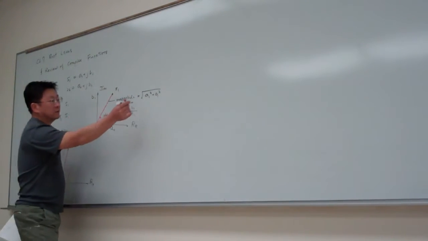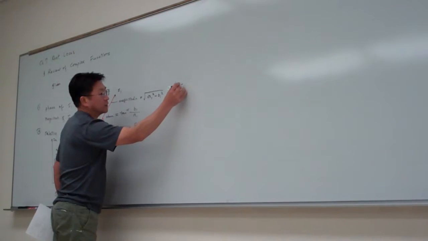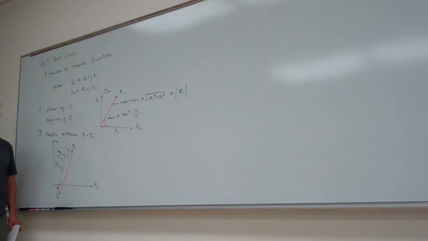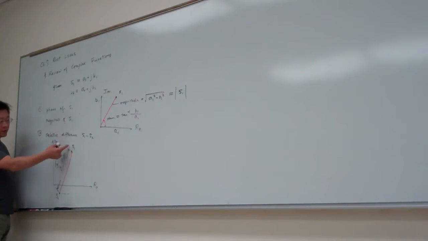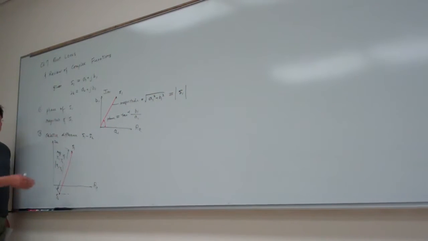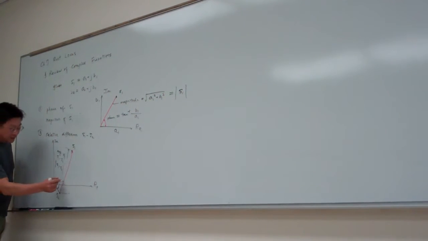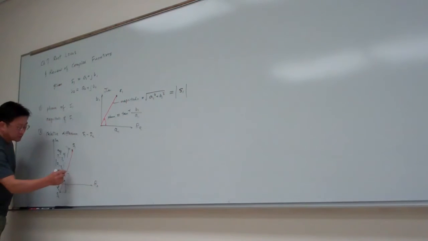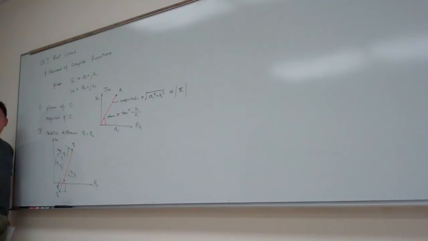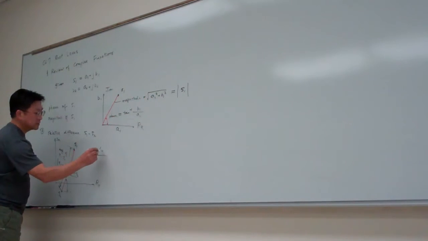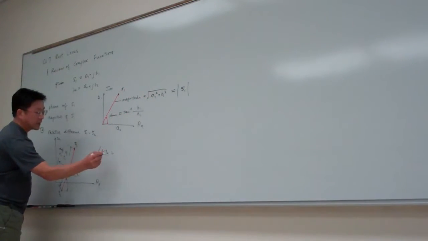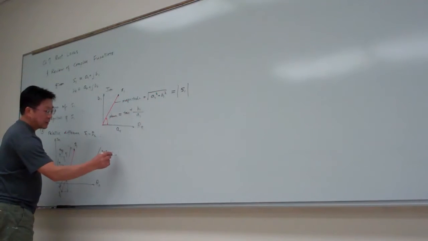So S1 minus S2 has a magnitude: you simply measure the distance between them in the plane. And this angle here is the phase angle of S1 minus S2. If you want to do the calculations, by definition that is the phase angle.